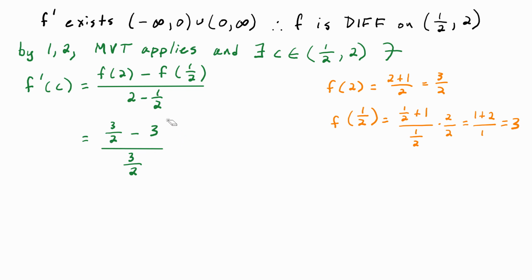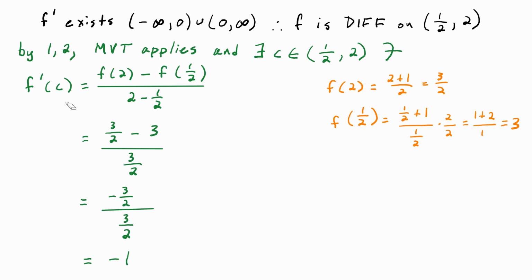So in the numerator, we have 3 halves minus 6 halves. So that would be negative 3 halves over the denominator, which is 3 halves. So this is going to simplify to be negative 1.